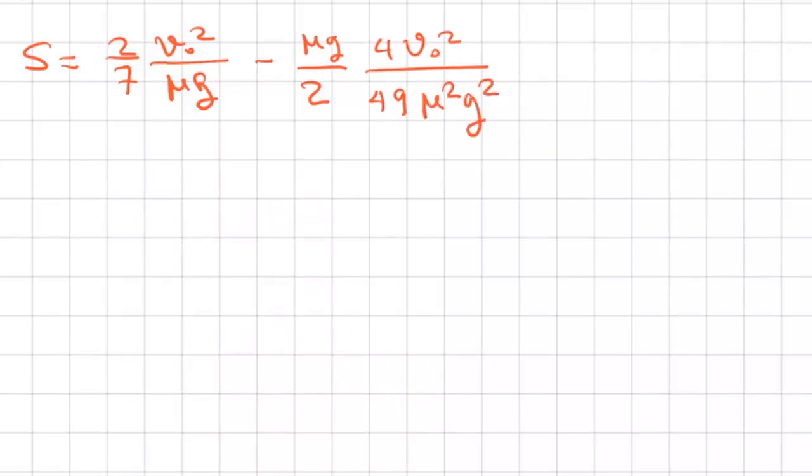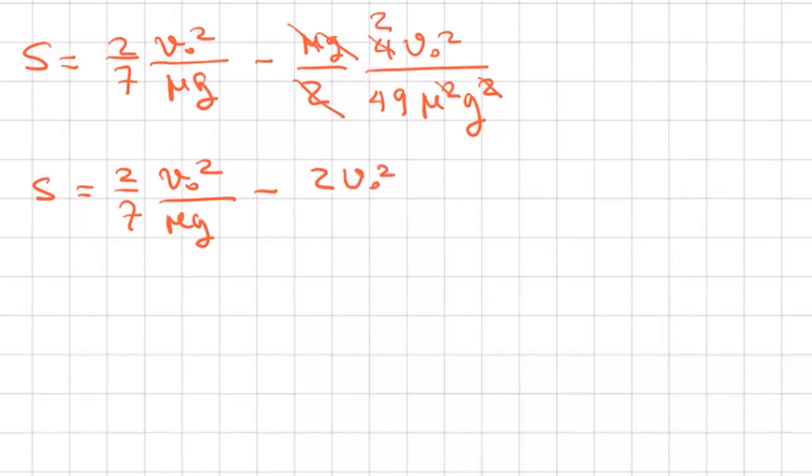So I cancel similar terms, right? And I get s equal to 2 divided by 7 v0 squared divided by mu g minus, okay, this 4 simplifies with this 2, so I get 2 v0 squared divided by 49 mu g.